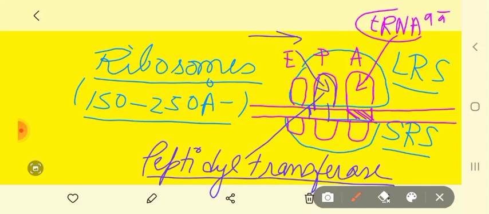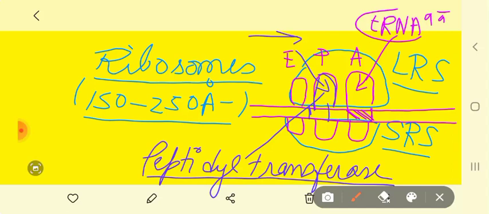That means the tRNA located in the A site already has its amino acid attached. From the P site, the amino acid will be removed from the tRNA, making the tRNA uncharged, and that amino acid will bind to the tRNA in the A site and catalyze the formation of the peptide bond, on top of the first amino acid.